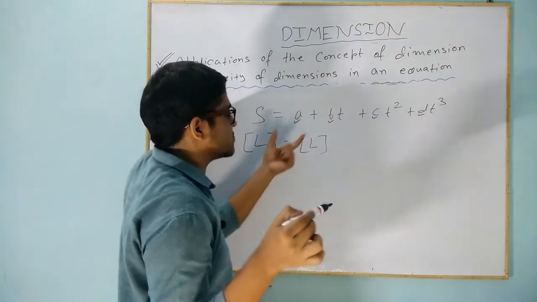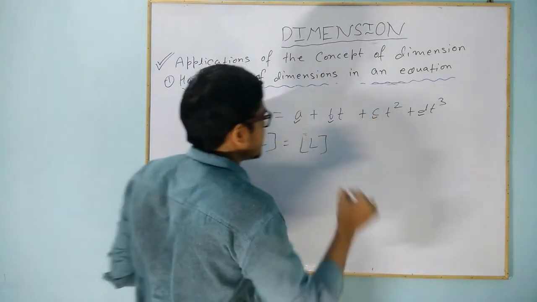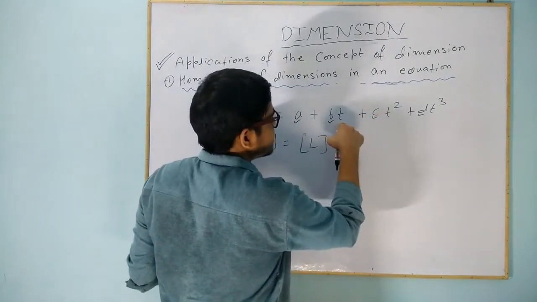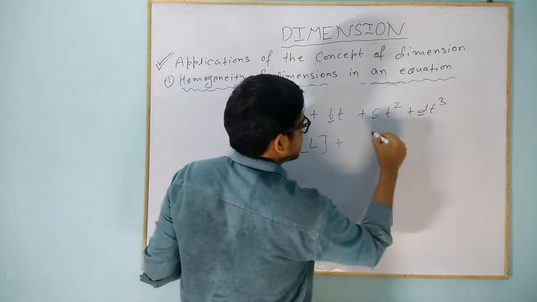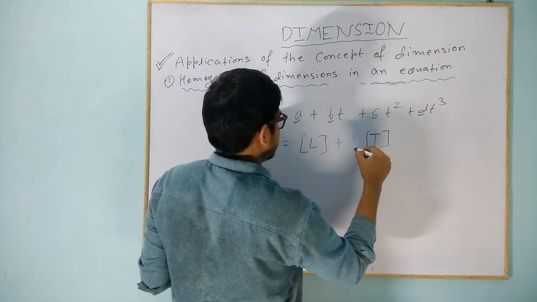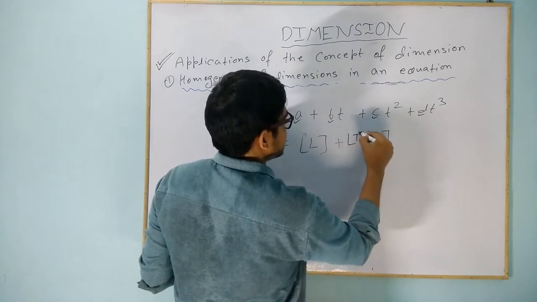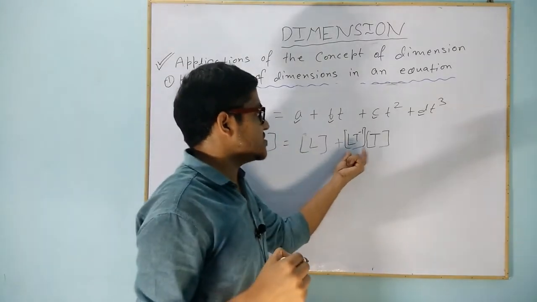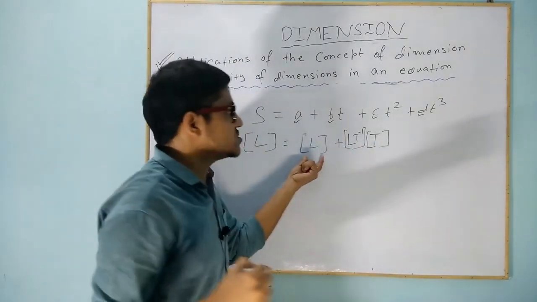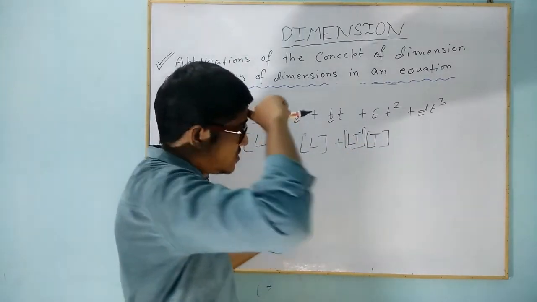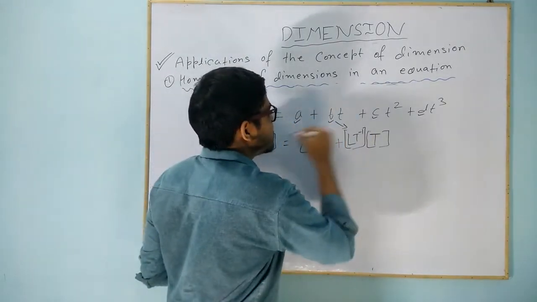We were asked to find the dimension of A, B, C, and D. Now, the dimension of B, we know that it is multiplied with time. Time has dimension T, and the dimension of B would be LT raised to the power minus 1, right? Because only this multiplied with this would give the dimension as L, T to the power minus 1, and T would cancel out each other. So the dimension of B is LT raised to the power minus 1.